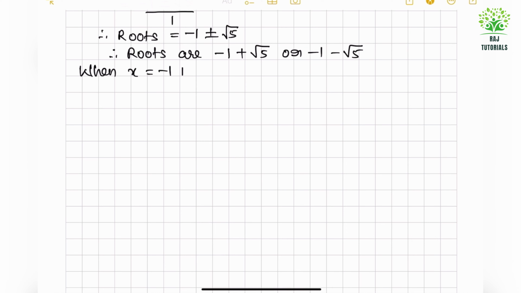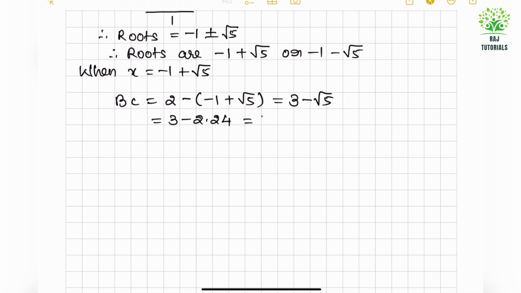So when x equal to minus 1 plus root 5, BC will be 2 minus (minus 1 plus root 5). So that will be 3 minus root 5. So that will be 3 minus 2.24, that is 0.76 meter. And when x equal to minus 1 minus root 5.